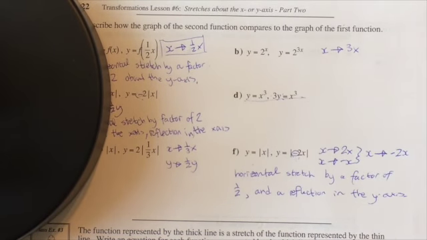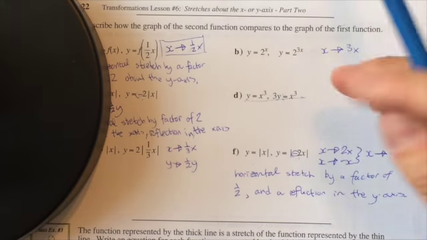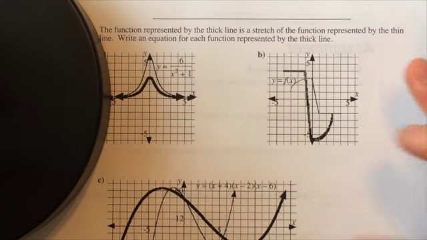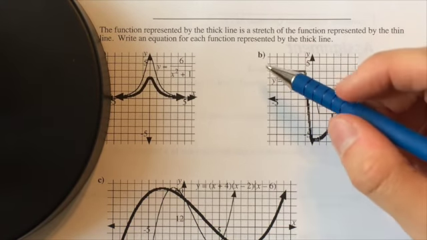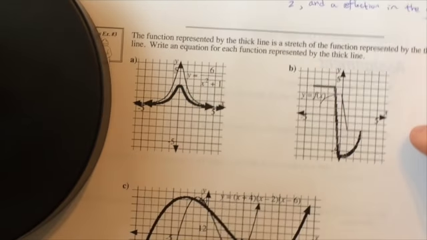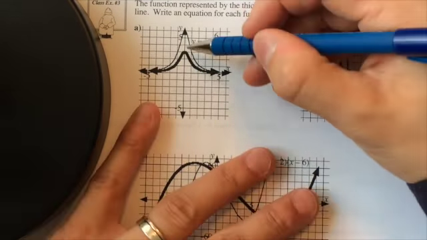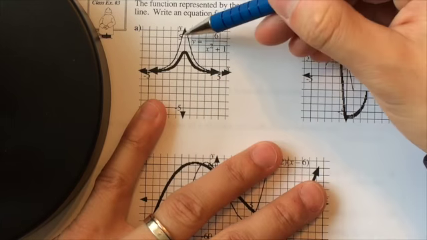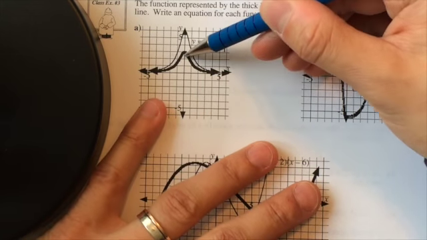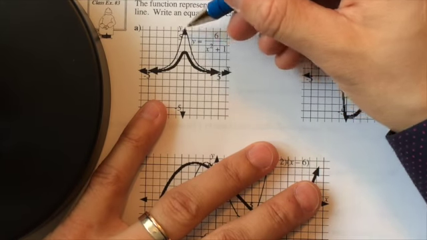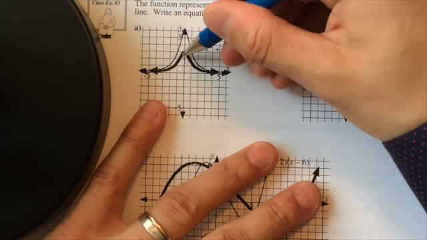Okay, let's look at the next examples where we have our functions represented by thick lines, and we need to write an equation for each function represented by the thick line. All right, so this is the function that we need to write about. It looks like what I have here is a vertical stretch taking place. If I look at my initial value, which was at 6, and my new value, which is at 2, I have a vertical stretch taking place.